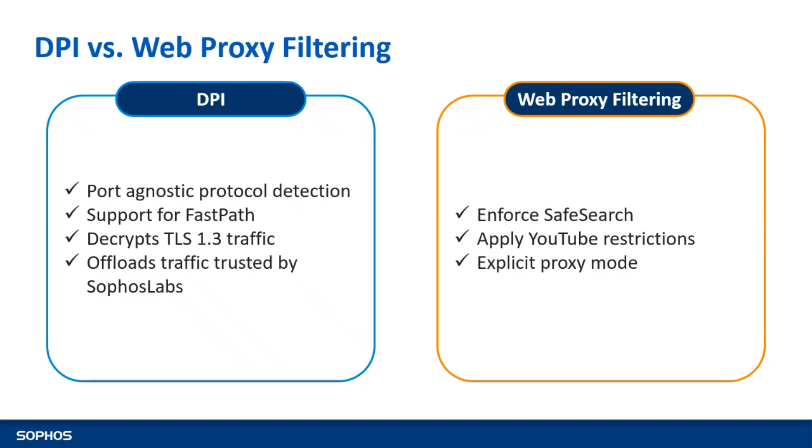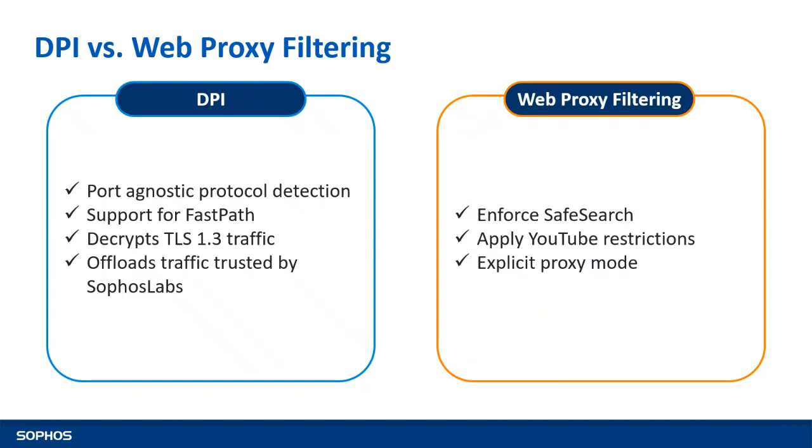In comparison, you may want to use the web proxy filtering to enforce the safe search or YouTube restrictions, or because your clients are configured to use the Sophos Firewall as an explicit proxy.